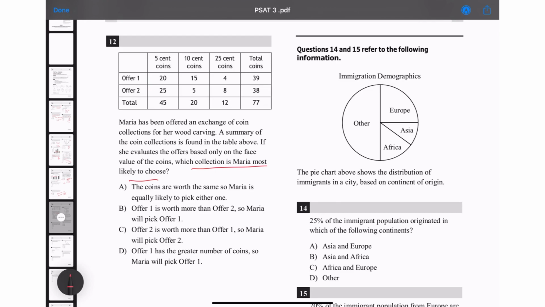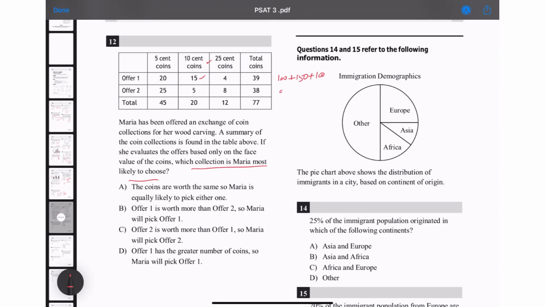So 5 times 20 will give you 100. We need to find the total value. Plus 15 times gives you 150. 25 times gives you 100.